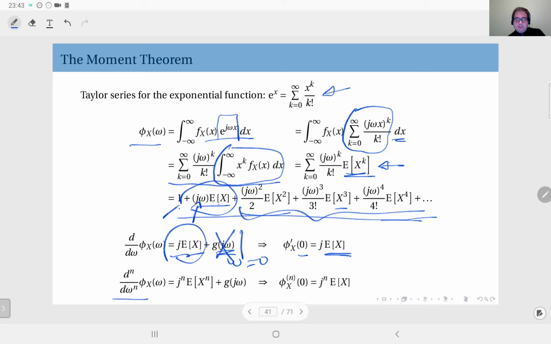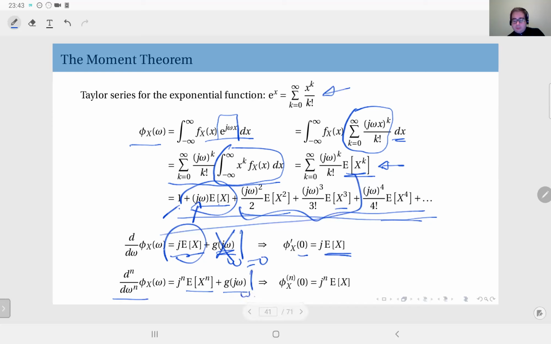Similarly, you get the nth derivative of the characteristic function. What you get is, well, the terms with, let's say, degree up to n will disappear, and you will get j to the power n times the nth moment plus a function in terms of omega.